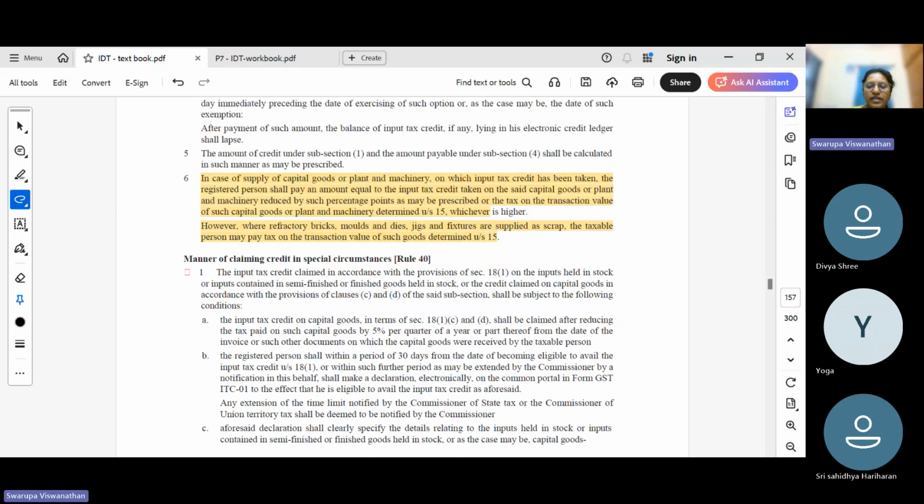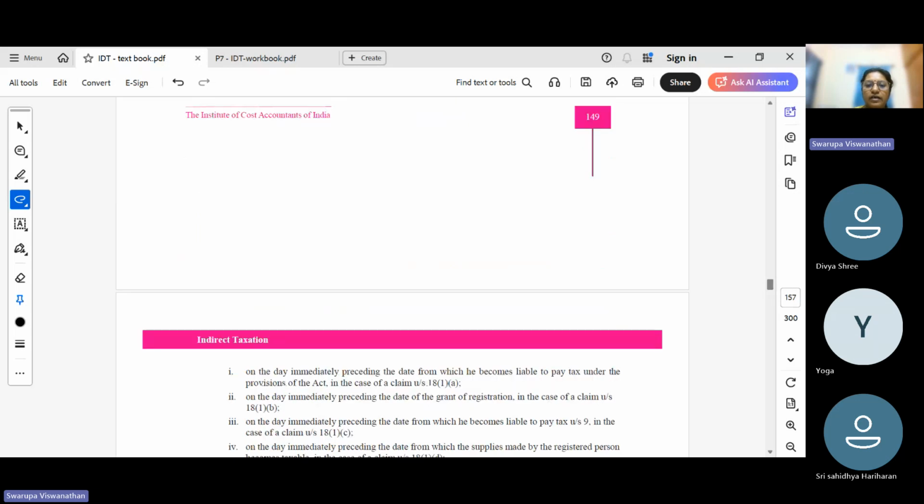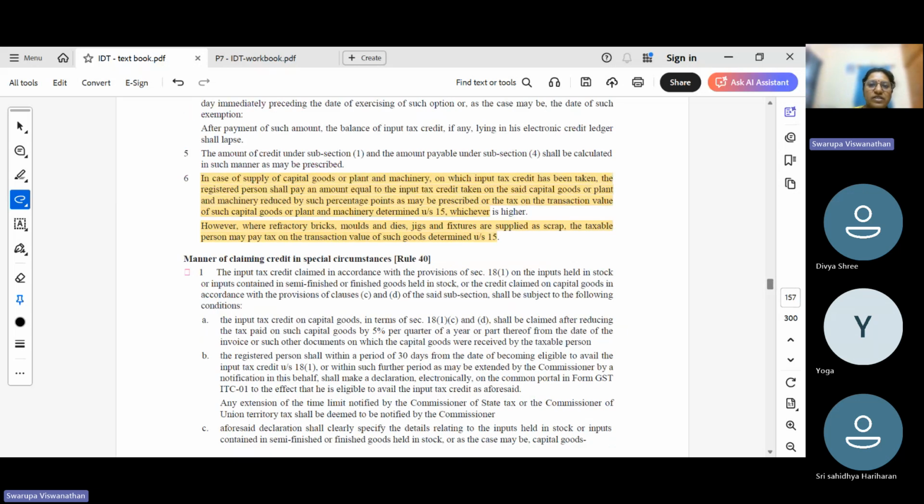Then in case of capital goods, credit can be taken after reducing 5% for every quarter or part thereof. So if I was liable to get registered in the month of September, 1 year from September you can take. If I have purchased the capital good in the month of April, to September there are 2 quarters.